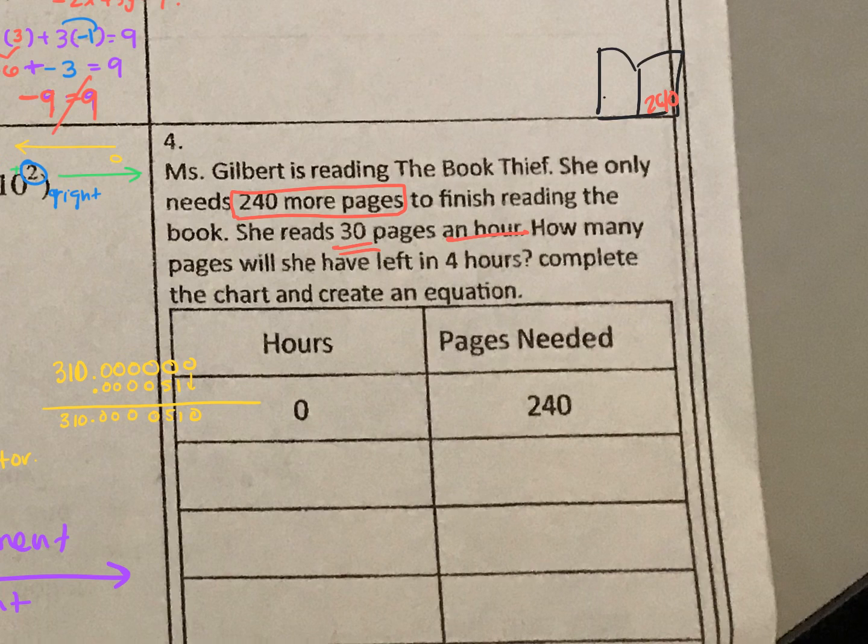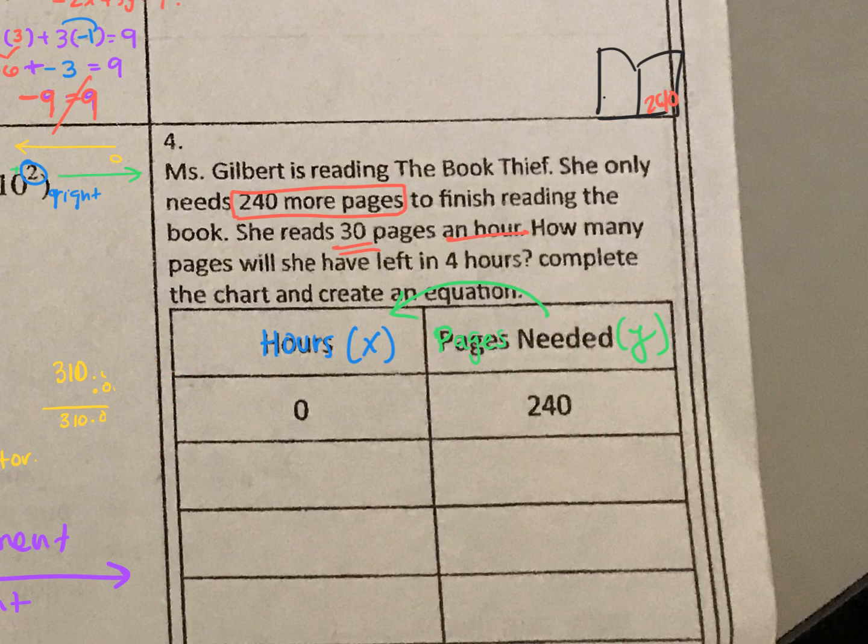So if you look at your variable, what are you measuring? You're measuring hours, which is your X, and you're measuring your pages. So that's going to be your Y, because how many pages you read depends on how many hours you read.